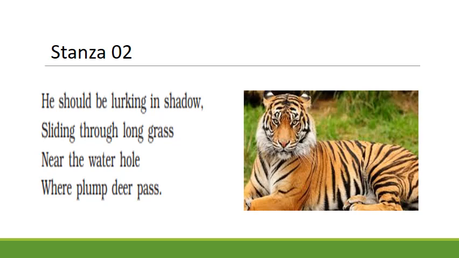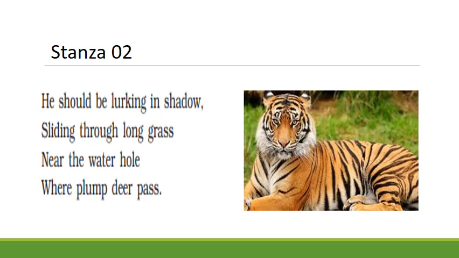Near the water holes where plump deer pass. So, the tiger is always found near the places where it can find its prey, especially places where water is available and animals come to drink water.